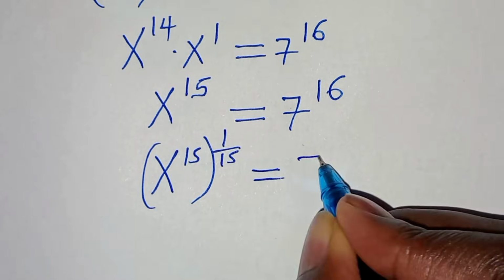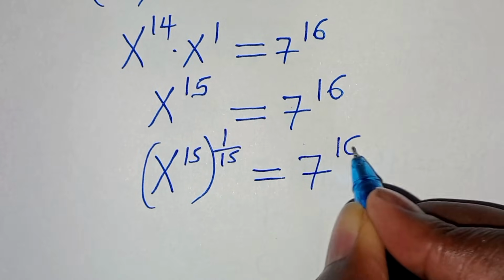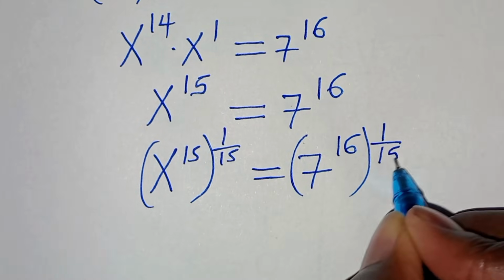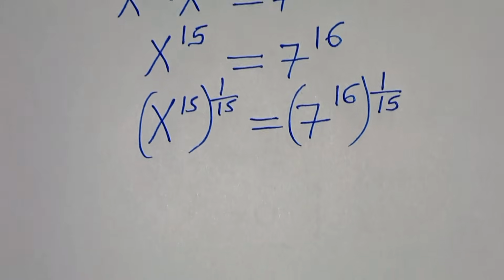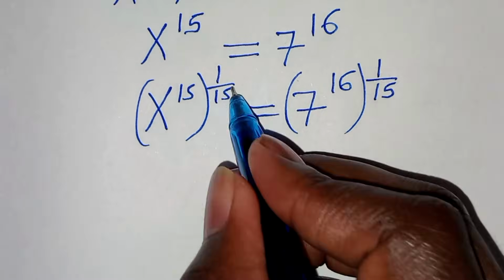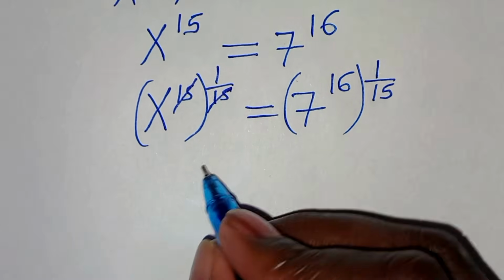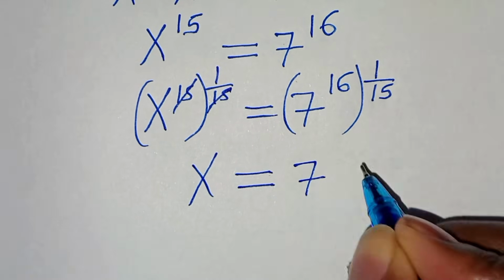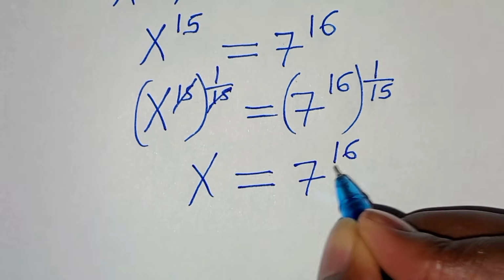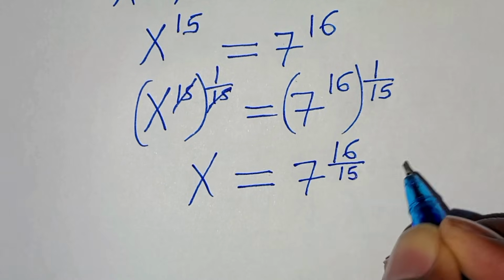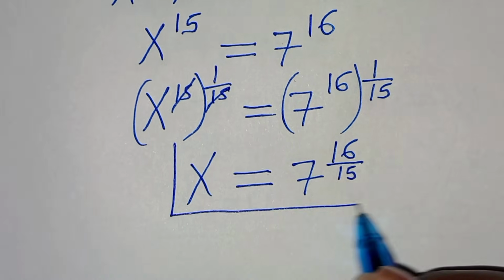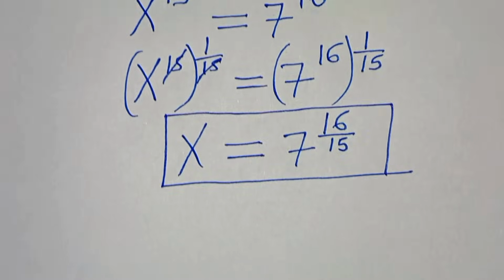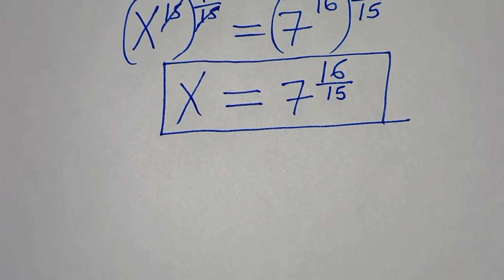This is equal to 7 raised to the power of 16, raised to the power of 1 over 15. So let's simplify 15 and 15 here, so that x is equal to 7 raised to the power of 16 over 15. So this is the value of x by applying method 1. Now let's proceed to method 2.